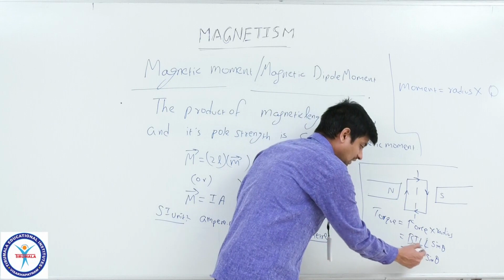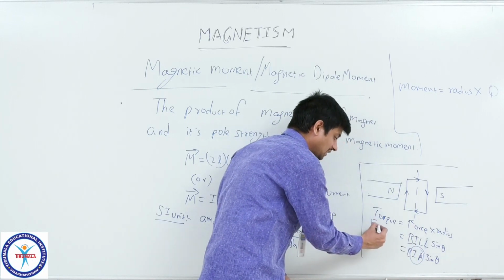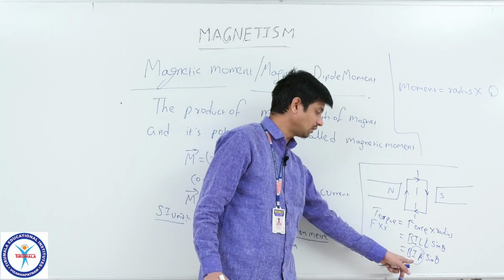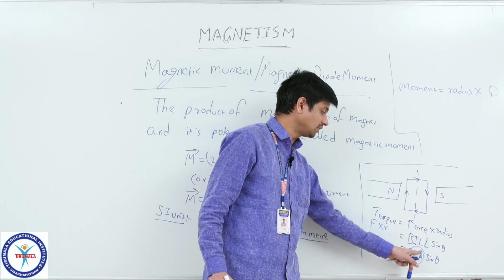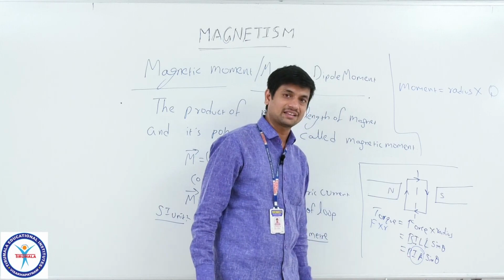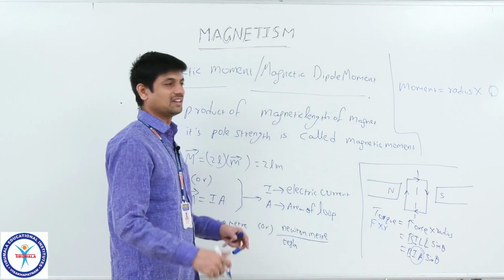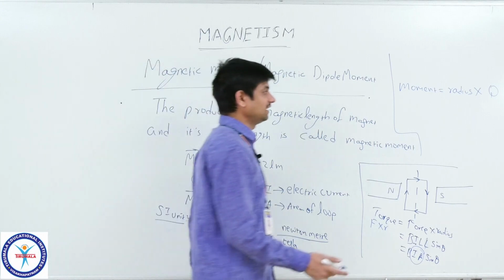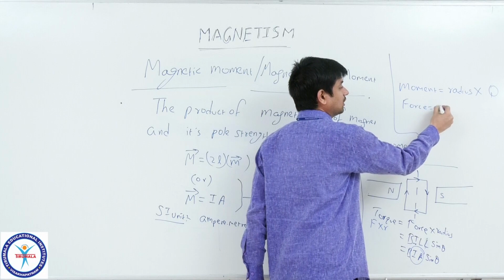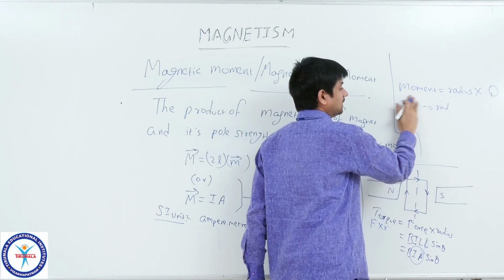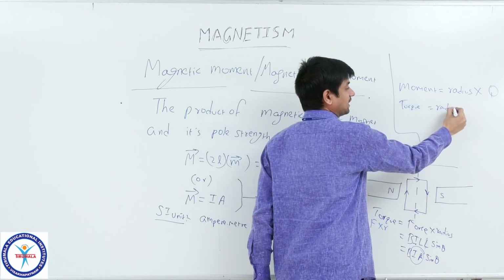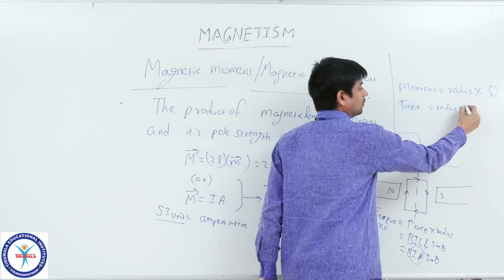This is being varied because torque is nothing but, as I have written before, force into radius. So the force equal to B into I into L into sin theta. Here the IA will act as that factor. So any expression, normally we have the example, torque equal to, torque means turning effect, radius into force.